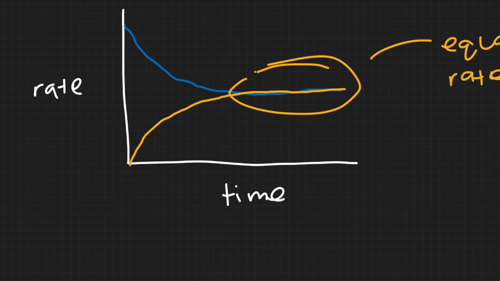So this is where we're getting our equilibrium. This is what equilibrium would look like on a rate versus time graph, because like we said before, the forward reaction rate equals the reverse reaction rate, and that's when we're essentially achieving equilibrium.